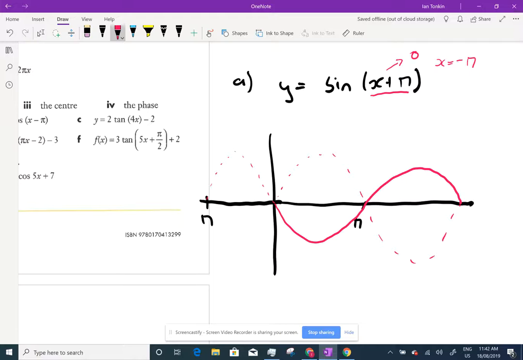You shifted the typical sine curve. Some people like to say you've moved the y-axis back to there, and that's where the curve would have started. And by the way, that's minus pi, sorry. So that's a nice easy shift.